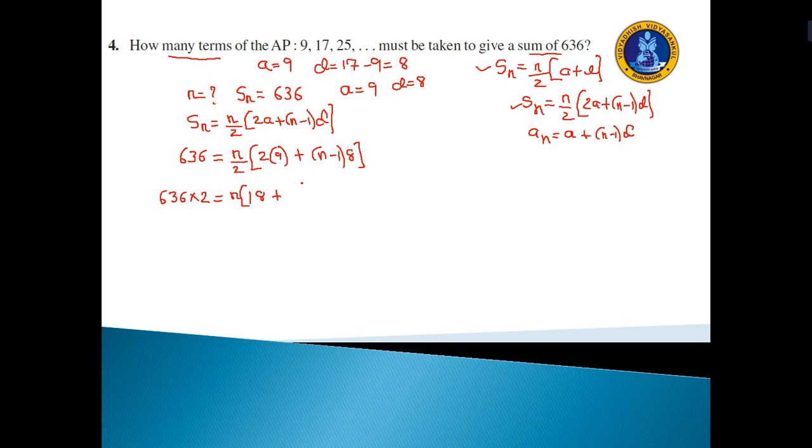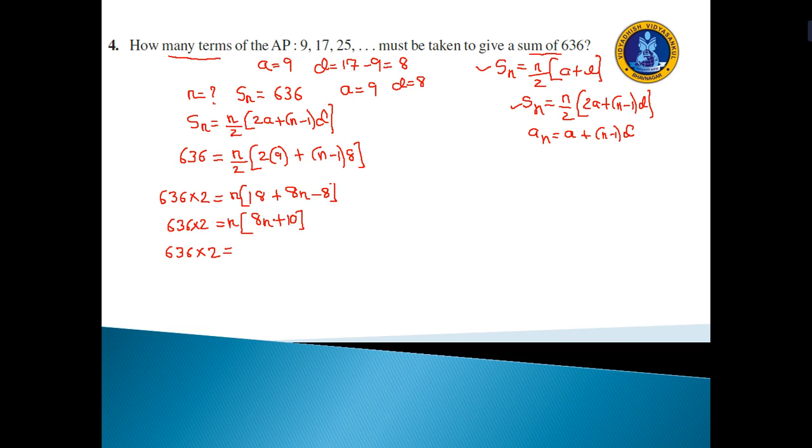If I open this bracket, then 8n minus 8. Now if I simplify this, 8n plus 18 minus 8, that is plus 10, into n, equals 636 into 2. Now I will take 2 common.